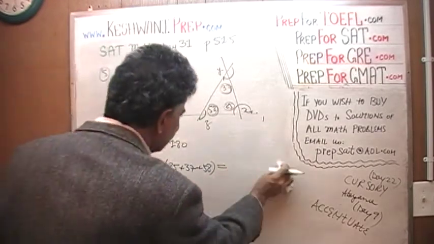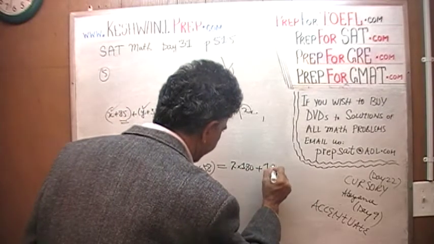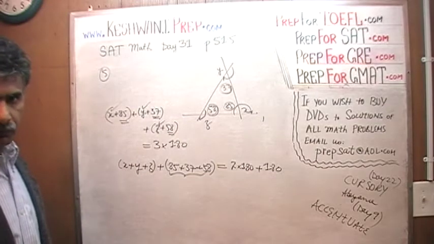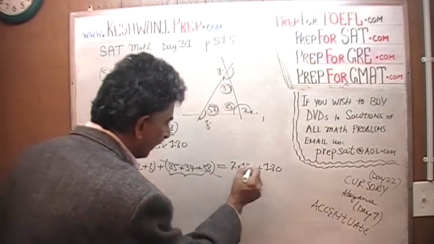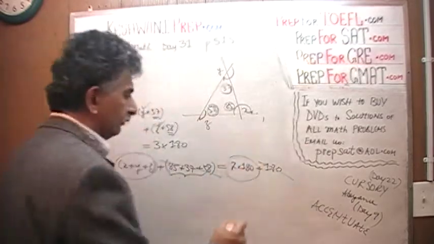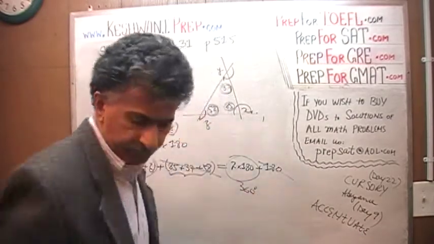Or if you like, they add up to 2 times 180 plus 180. Why? Because this quantity is 180. So if you subtract 180 from both sides, it drops out, and there you go. x plus y plus z is 2 times 180, which is 360. The answer is 360 degrees.